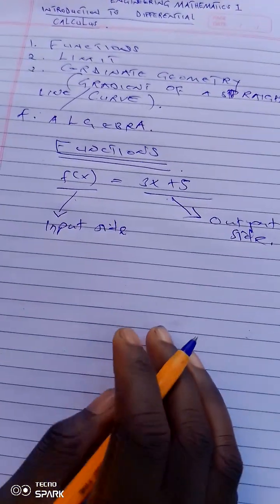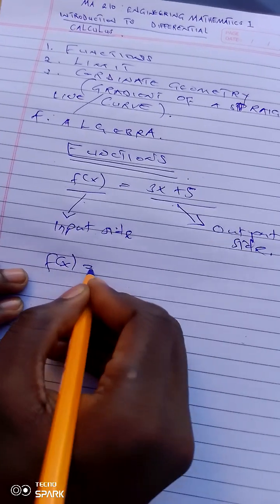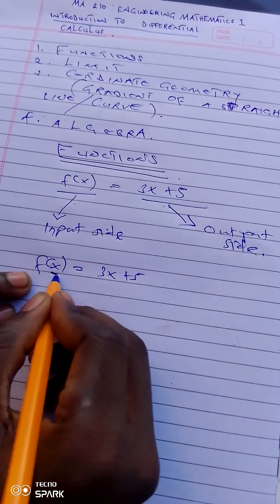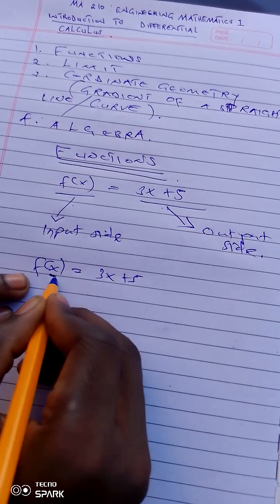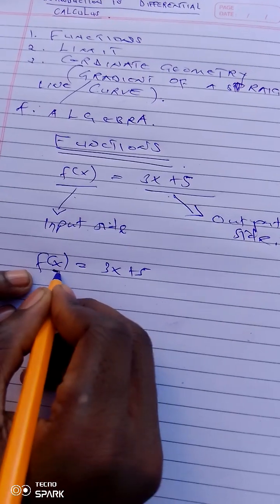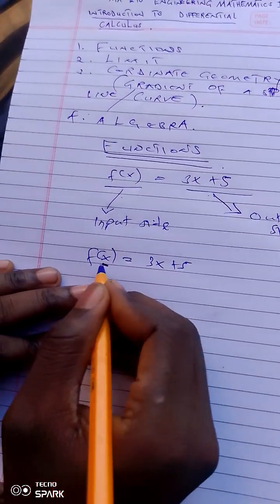Now one thing you have to understand is, yes, I'm writing f of x is equal to 3x plus 5, but this x here, I'm not going to be calling it x, I'm going to call it the input. Sometimes I can say x, but deep down you need to know that from now on we shall be calling it the input.